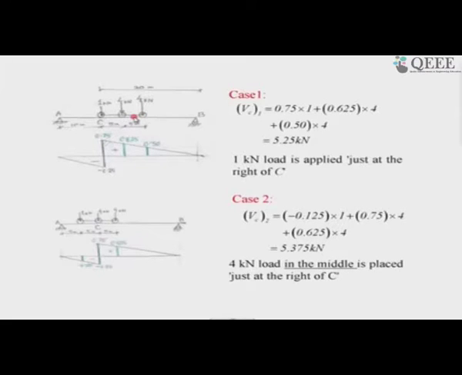suppose it is just pushed 2 meters to the right, I am sure that is going to worsen everything in terms of positive shear, because this will go further down, every ordinate will be less than this, and nothing has gone out of the span. So, definitely I have something less, but I had to examine all these cases because I was not sure what is the effect of something falling down to negative.